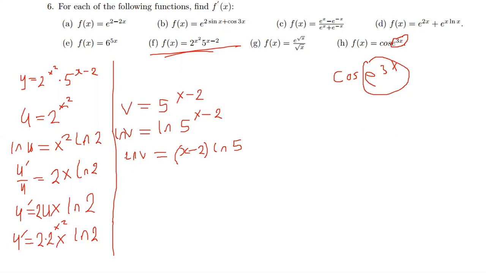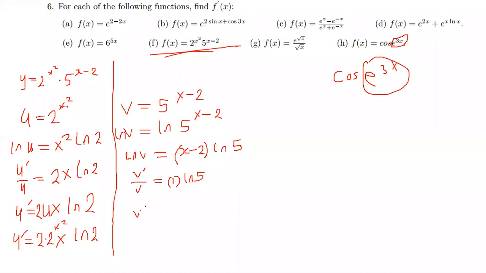So we find the derivative of ln v is going to be v prime over v being equal to, we differentiate this, so a product, we just differentiate this, then multiply it by ln 5. When you differentiate this part here, you can see that this 2 is a constant, meaning it will be a 0, but this x will be a 1. So I'm just going to have 1 multiplied by ln 5.